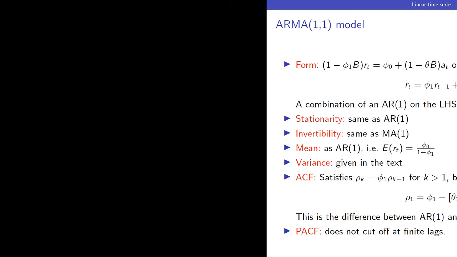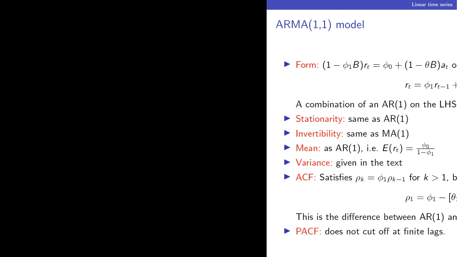Remember, this is if and only if this is smaller than 1 in absolute value. The mean is given in this way. The variance is in the textbook. Please go and check. And our autocorrelation functions are very interesting because rho_1 is written in this form, but all the rest of the rho_k's are phi_1 times the previous autocorrelation function, rho_{k-1}.